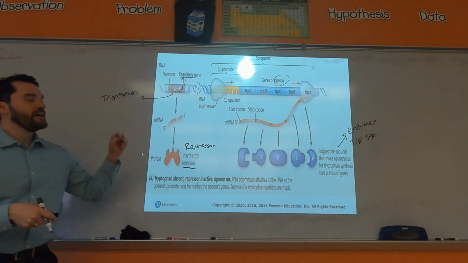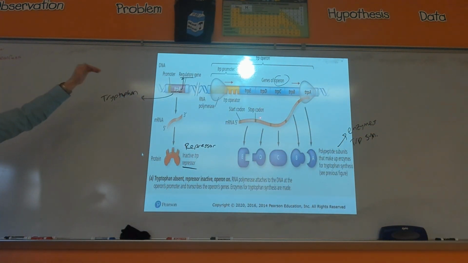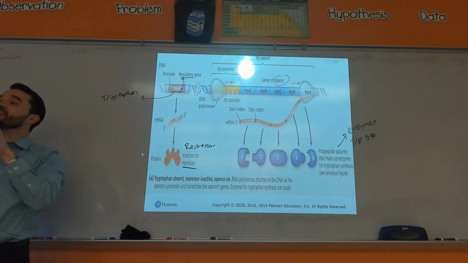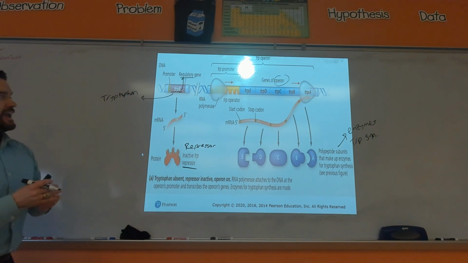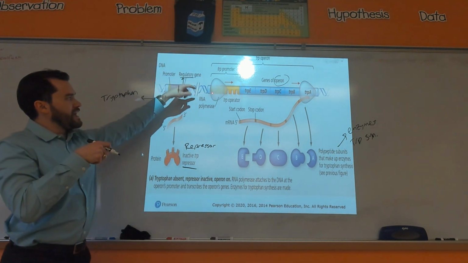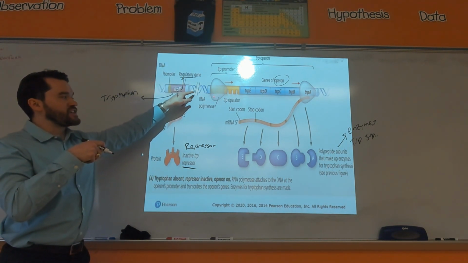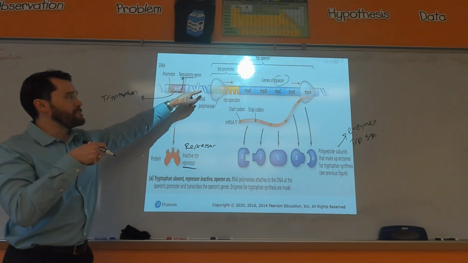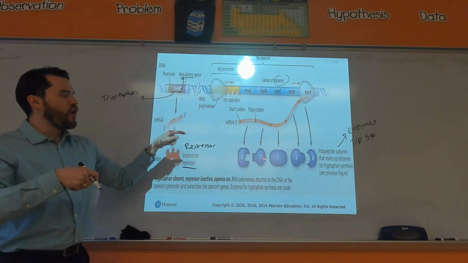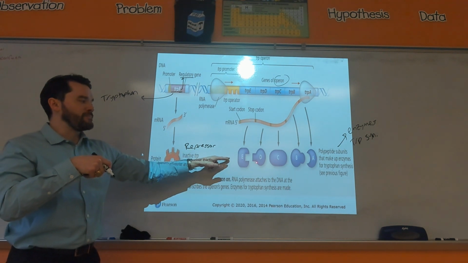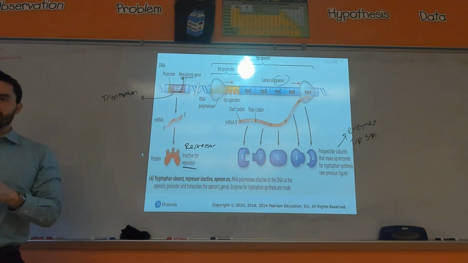Okay? Now, if you're a bacteria and you need tryptophan, this operon is on. Okay? We're making the mRNA because we need to make tryptophan. And this is what you see here, right? If the bacteria needs tryptophan, RNA polymerase can bind to its promoter, and it can go through and make all of these enzymes you need to make tryptophan.